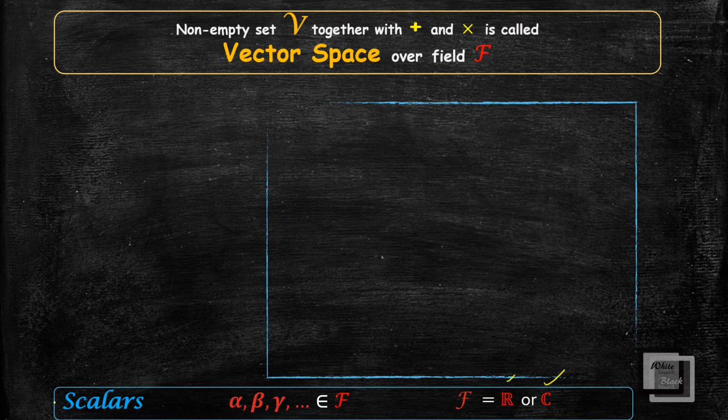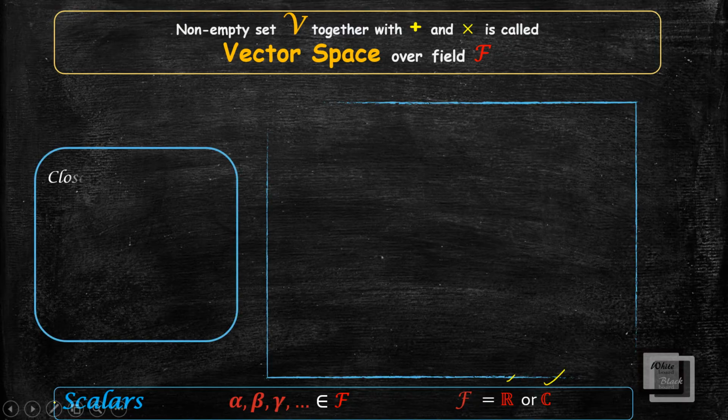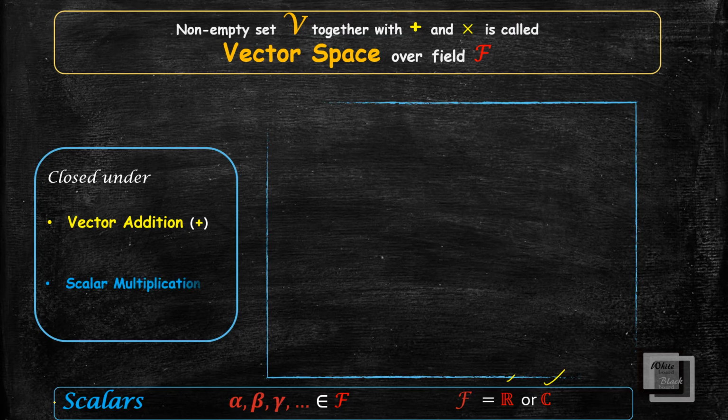Throughout the chapter we will use the set of real numbers or complex numbers as a field. So a non-empty set V together with two binary operations called vector addition and scalar multiplication is called a vector space over field F if it satisfies a certain number of conditions or properties.